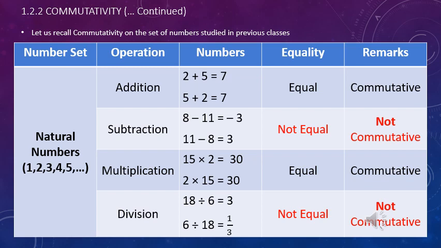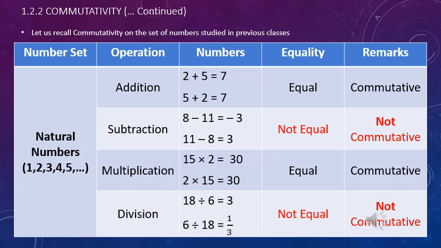Now see subtraction. 8 minus 11 is negative 3, whereas 11 minus 8 is equal to 3. The answers are not matching. Hence, we say that it is not commutative. For multiplication, we change the order and we see that the answer remains same.